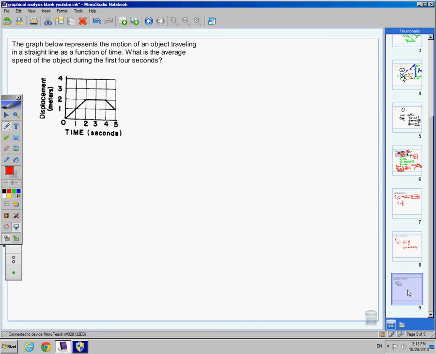Looks like this is the last one here. The graph below represents the motion of an object traveling in a straight line as a function of time. What is the average speed of the object during the first 4 seconds? Well, I know the average speed, which is a v with a bar over it, equals d over t. D at 4 seconds is going to be 2 meters, and the time is going to be 4 seconds.